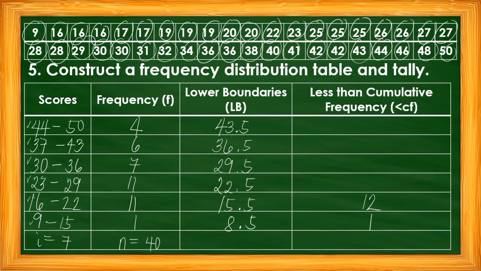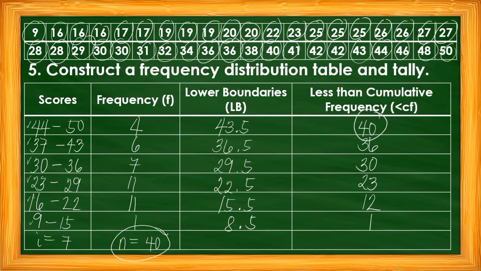Next ulit, plus 11, 23, plus 7, 30, plus 6, 36, and then plus 4, 40. As you can see, nagtali tayo. N is equal to 40. And then, yung nakuha nating sum dun sa pinaka-upper class natin is 40 din.